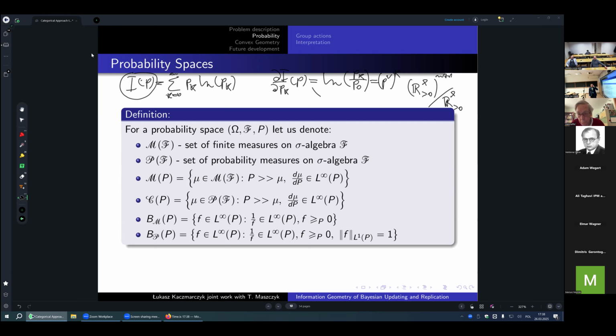Okay, and the other one is the replication action, and it comes from the gradient flow of this Shannon entropy.